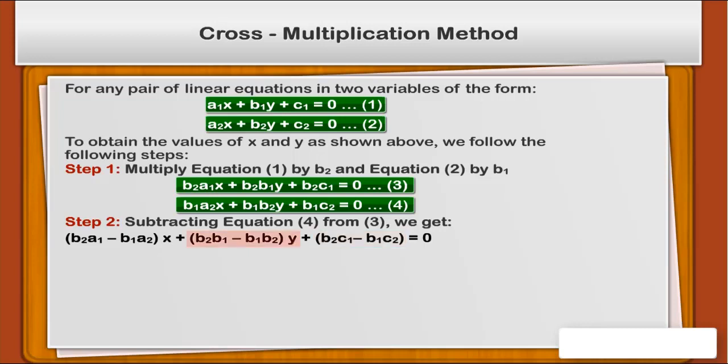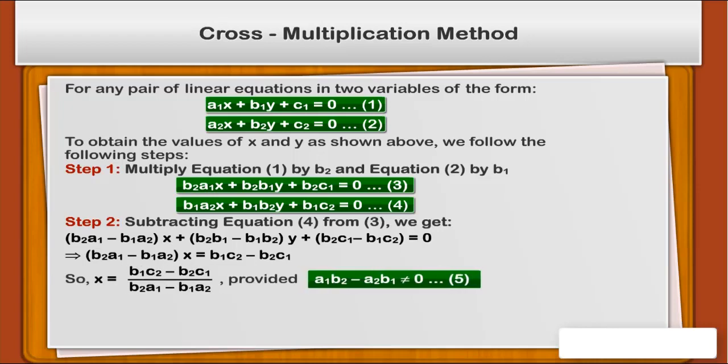We can see (b2b1 minus b1b2) into y becomes 0. That is, (b2a1 minus b1a2) into x is equal to b1c2 minus b2c1.